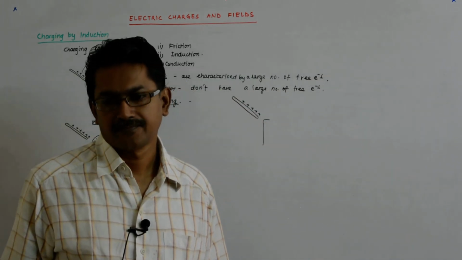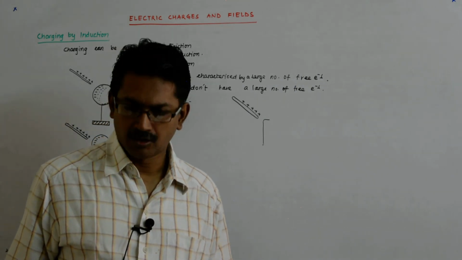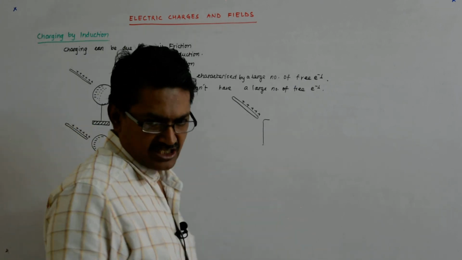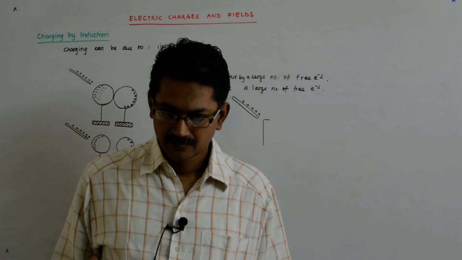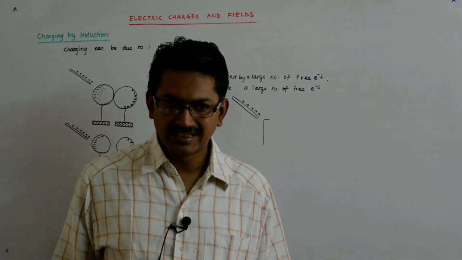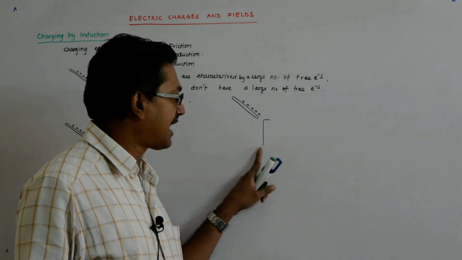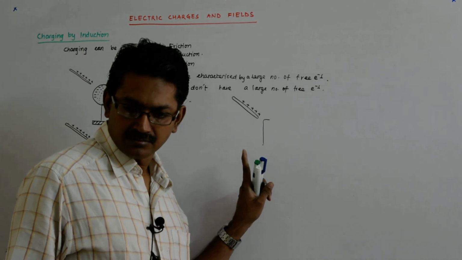Why? Because this rod is positively charged because of deficiency in electrons. So this has less than it should have, and this has what it should have, normally.